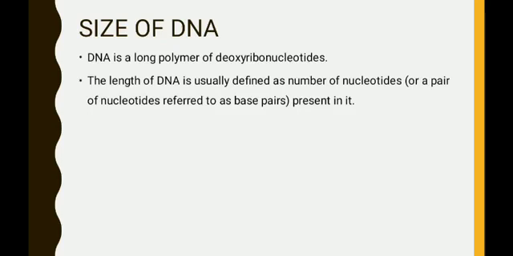In such a case, a pair of nucleotides, referred to as base pairs, represents the length of the DNA. Normally, RNA is single-stranded, so just the total number of nucleotides represents the length of the RNA. But in case of DNA, since it is double-stranded, the length of DNA is measured in base pairs.